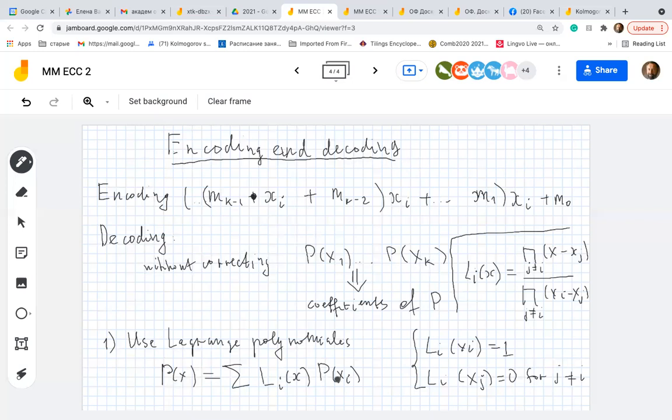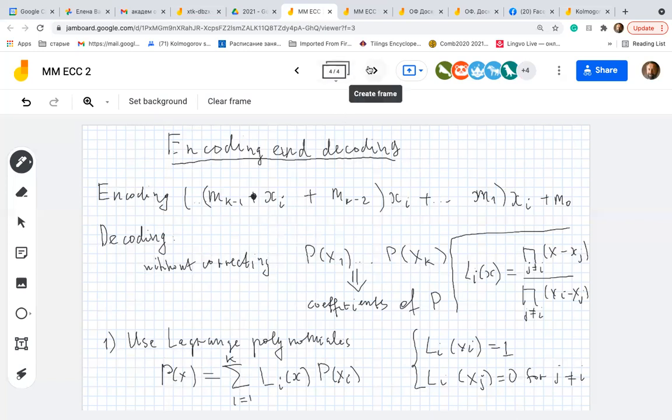It evaluates to the given values in all k points. And this is our message. So this is the first method.